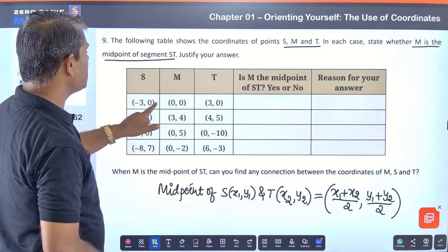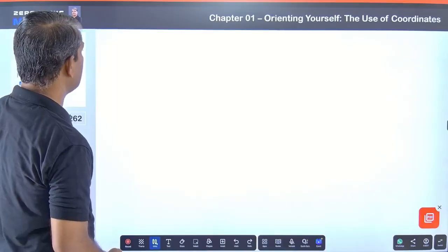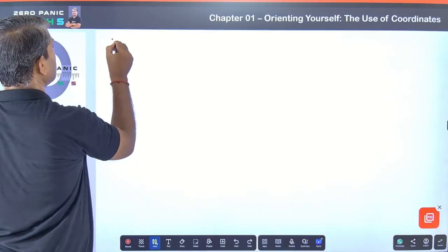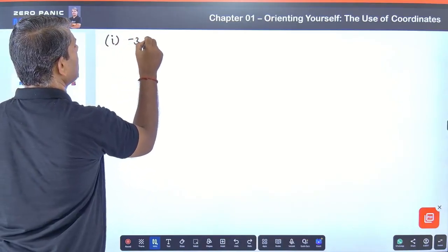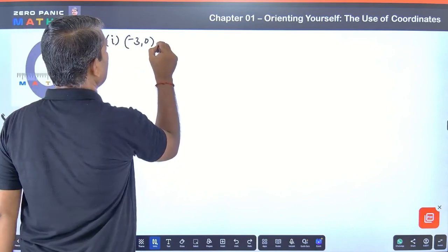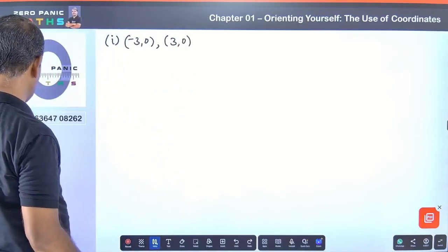See, minus 3 0 and 3 0 are the 2 points. Let us take the first point, minus 3 0, and the other point, 3 0, and find the midpoint of that.